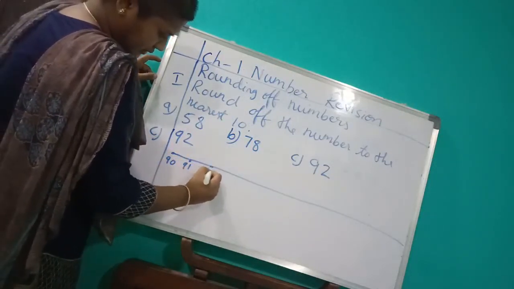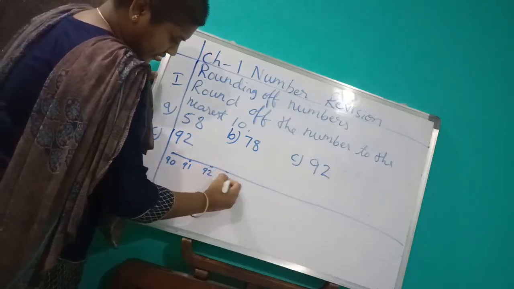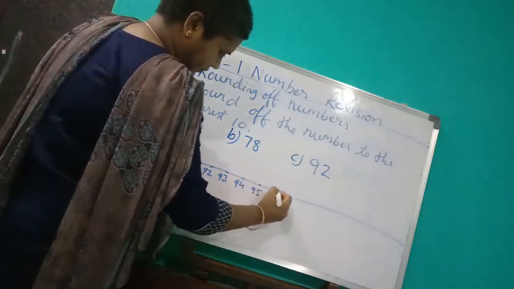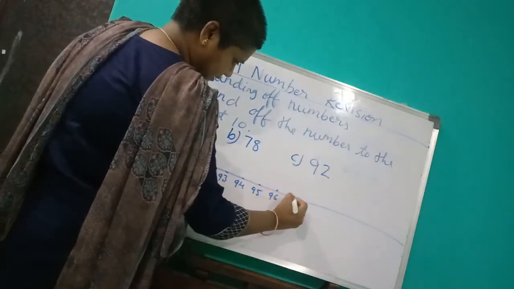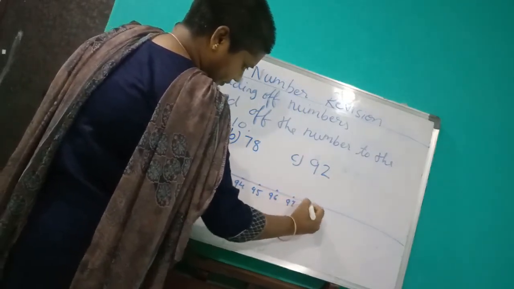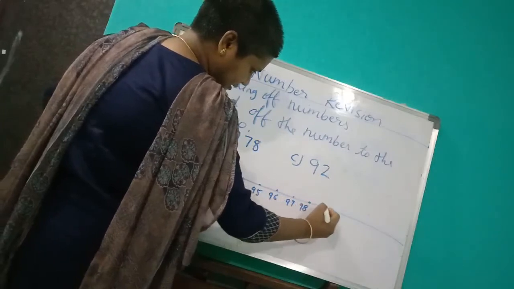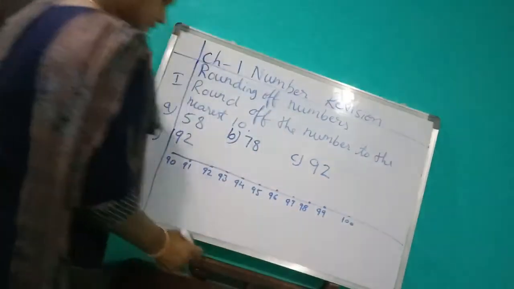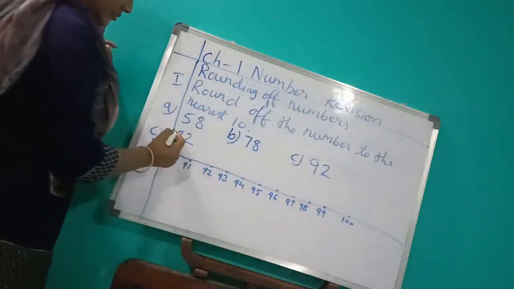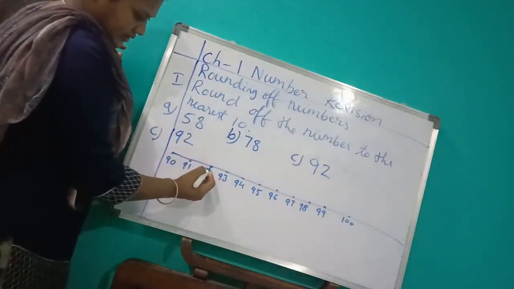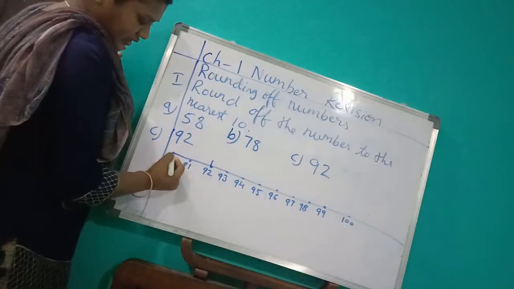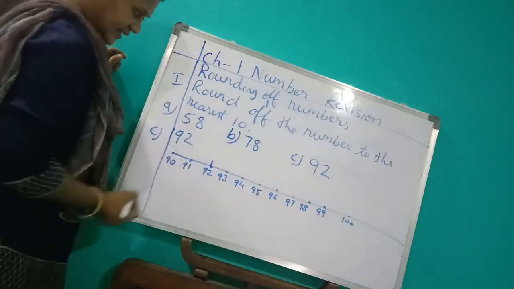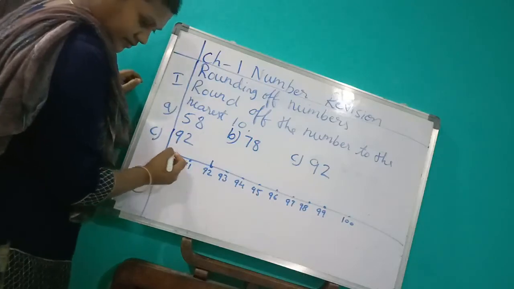91, 92, 93, 94, 95, 96, 97, 98, 99, 100. See, listen carefully. Here, which number is here? 92. Here, 92 is nearest to 90. Understood?